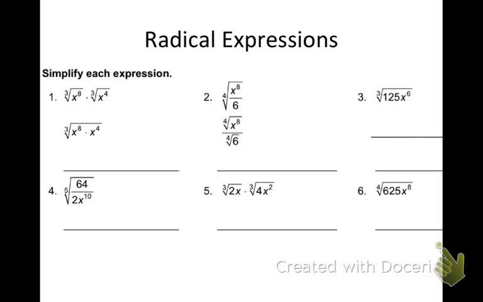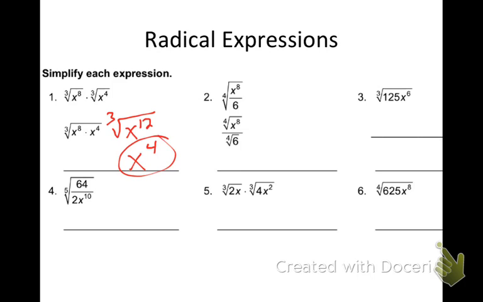So the cube root of x to the 8th times x to the 4th gets me the cube root of x to the 12th power, since 8 plus 4 is 12. Now it's a radical expression, so I'm going to divide the exponents. What's 12 divided by 3? 4. So this gets me nothing more than x to the 4th power.